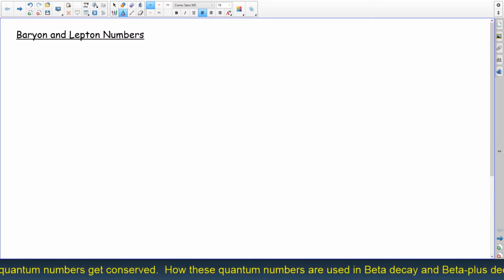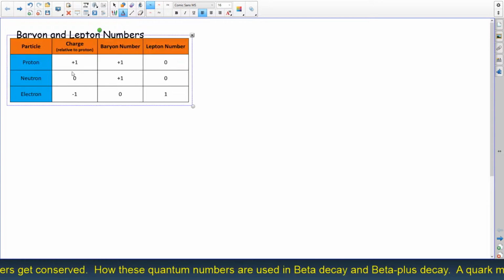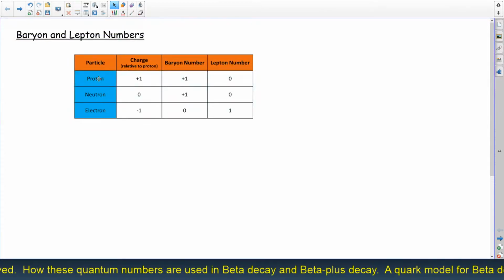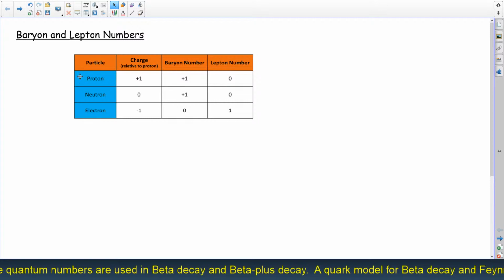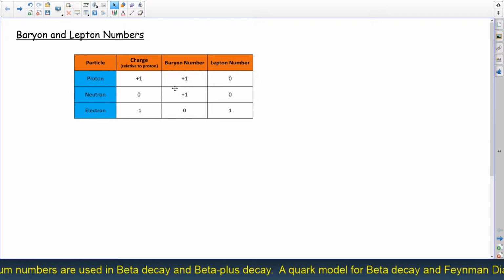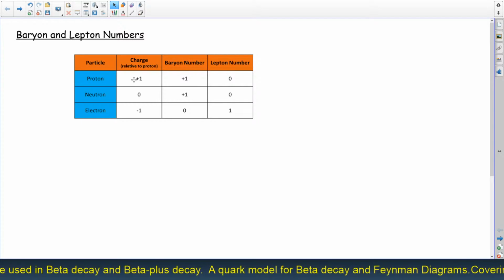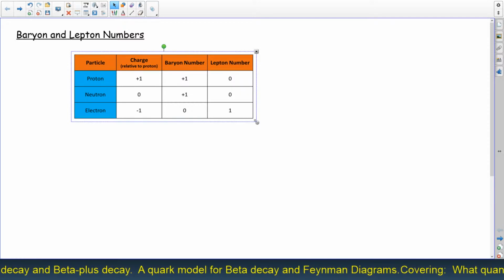And we can pretty much sum this up in a few tables for some common systems. So for baryons, for example, we have the proton and the neutron. They are baryons of +1 and +1. We can have the antiproton and the antineutron, which would have baryon numbers of -1 and -1. The proton has a charge of +1, the neutron a charge of 0, relative to the proton, of course.